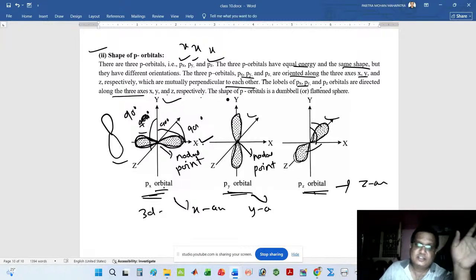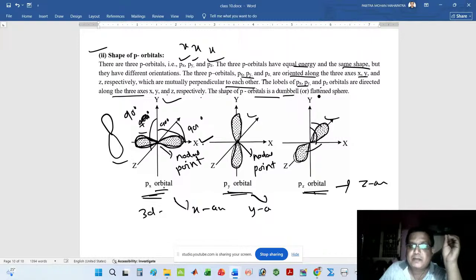Already I discussed this. There is an important question, one more question. What is the shape of a p orbital? The shape of a p orbital is a dumbbell shape or flattened sphere. Try to understand the meaning of dumbbell shape. Do you know what a dumbbell is? This is one type of dumbbell.